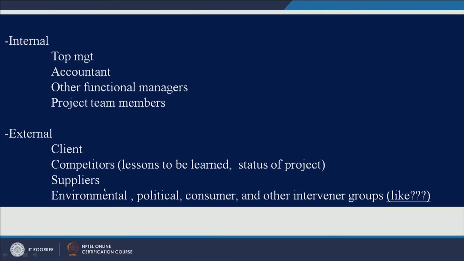So, competitors are stakeholders. Suppliers, of course, and there are many more. Environmental protection groups, they are also stakeholders. Political parties, consumer groups, and there are several intervener groups who would be affecting your project.